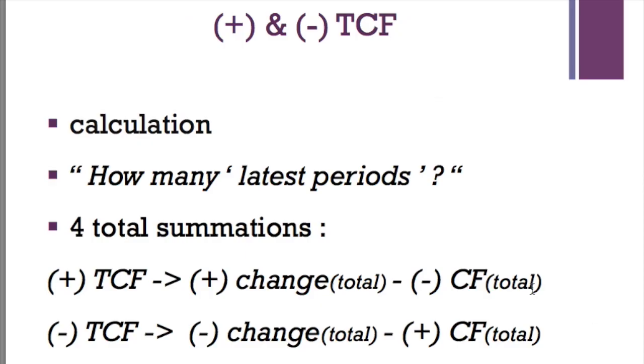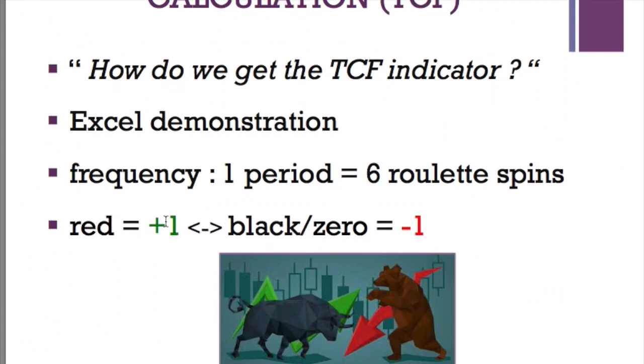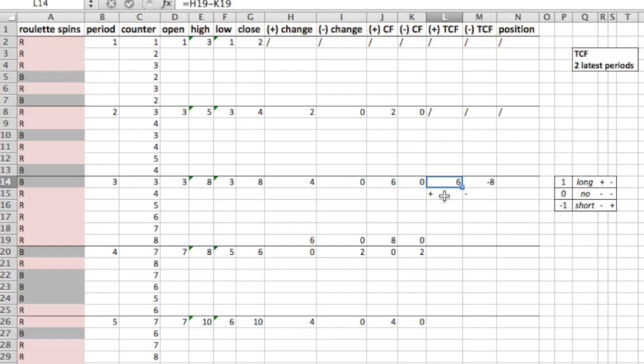Remember, what was the plus side? Here, red. So plus and minus here is 1. It says you need to take a long position. So in period 4, we will start to follow or bet on red with some kind of system.